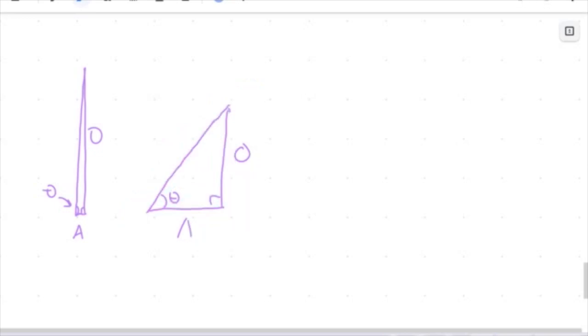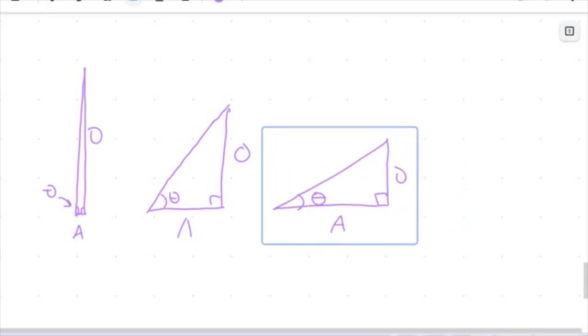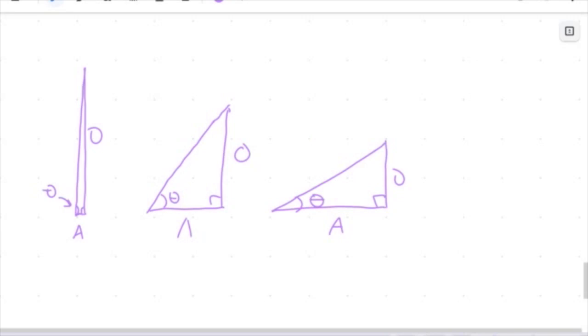So we can keep doing this. As I make the angle even smaller, my opposite gets smaller, my adjacent gets bigger. And ultimately, if I made the angle really tiny, this minuscule little angle, my sides will adjust.